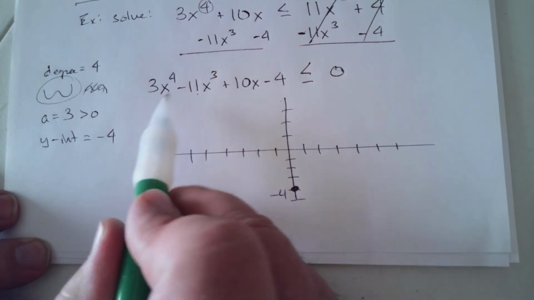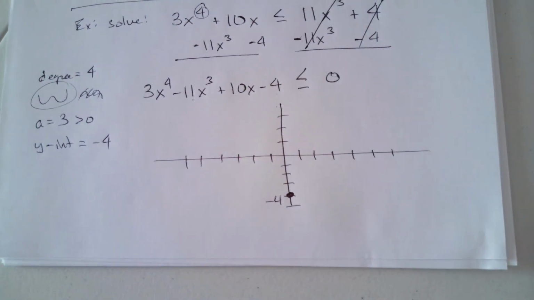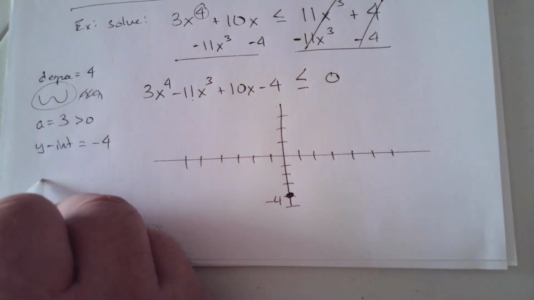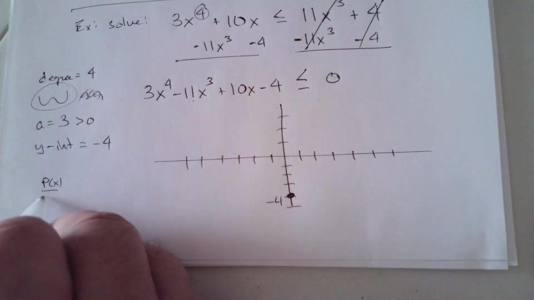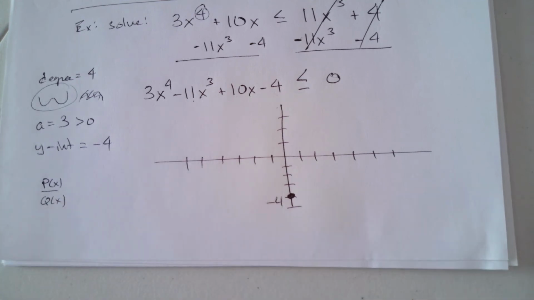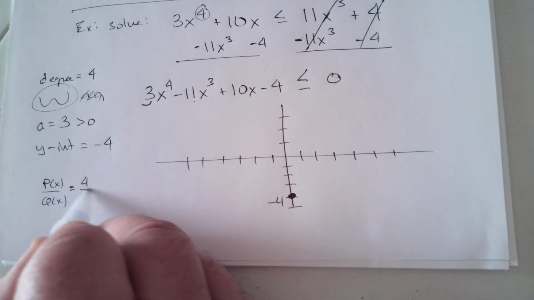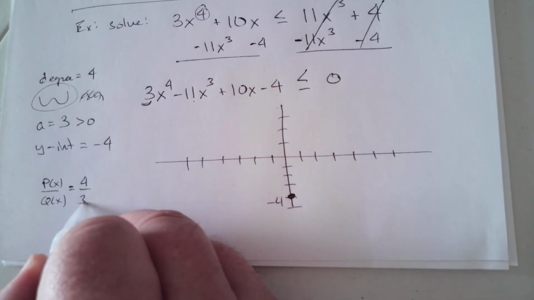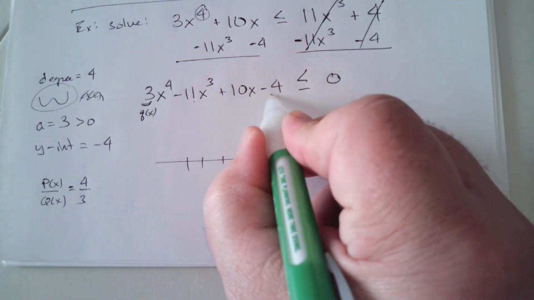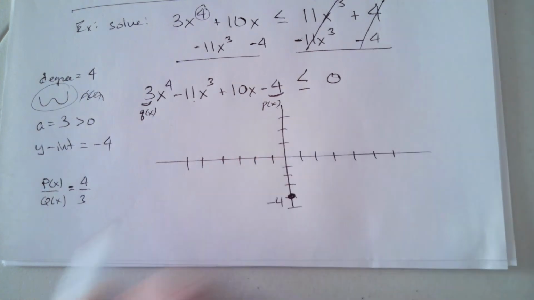Alright, so now we have to try to solve this one. Remember from the last section, how do we solve polynomial equations? We have to use synthetic division. Use the possible rational zeros, P of x over Q of x, where the value 3 is the Q of x, and the last value is the P of x.